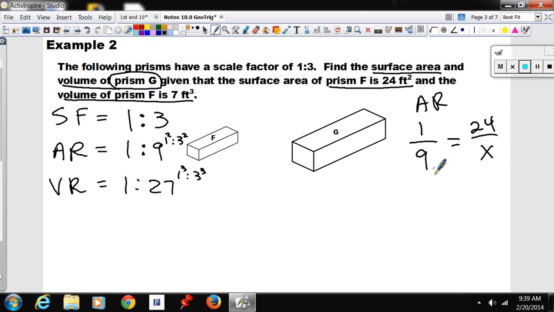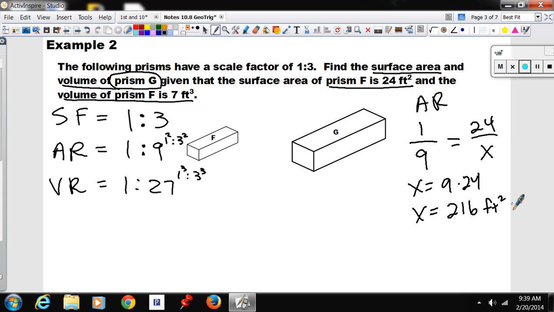So how do I solve something like this? Just cross multiply. You're going to get x equals 9 times 24. So your surface area of the big one is going to be 216. Yes. And that would be in square feet.